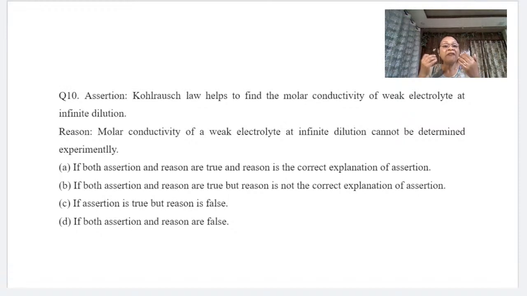If you are infinitely diluting a solution, you have increased the volume to such a great extent that it is never possible to determine it experimentally. You increased the volume, so your weak electrolyte has dissociated, but the ions are lost in the solution, so how will we find it? So for this, assertion is correct, reason is also correct. Wow, so it is A.